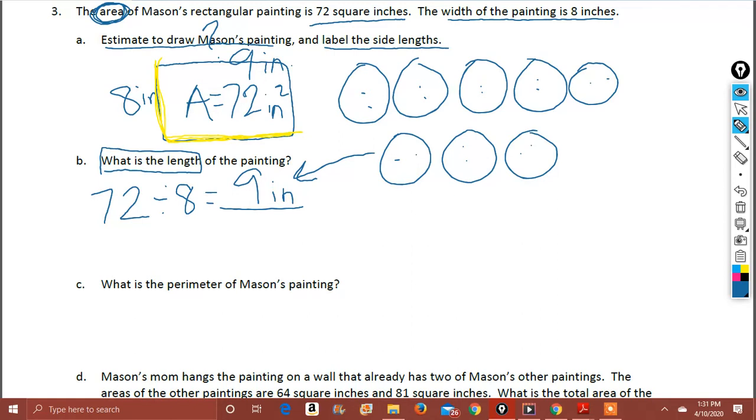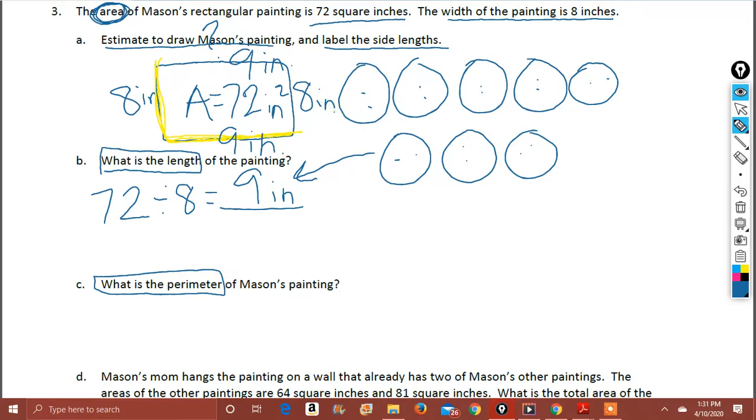Okay? The perimeter of Mason's painting is what we need to find next. So what is the perimeter? Well, if the top length is 9 inches, that means the bottom length is also going to be 9 inches. And then the right side width is going to be 8 inches.